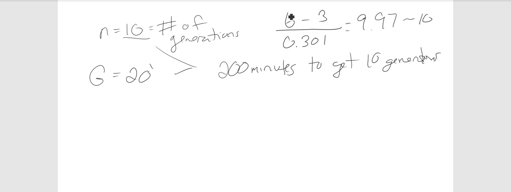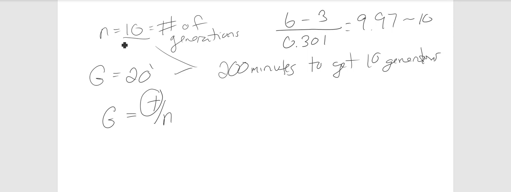Now, I kind of did that in my head because I wanted you guys to recognize the logic of what you're doing. Sometimes it helps a lot to just think about what's happening. And we know that we need 10 generations. The problem told us each generation is 20 minutes. So if we need 10 of them, we're going to multiply those together. What I really just did was use that generation time equals total time over the number of generations to rearrange and solve for the total time.